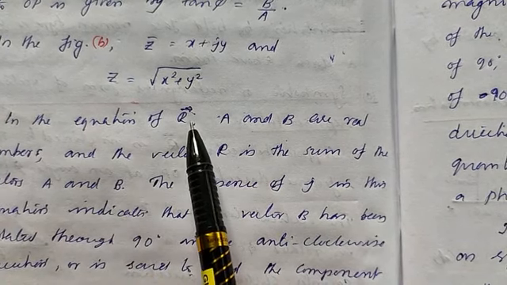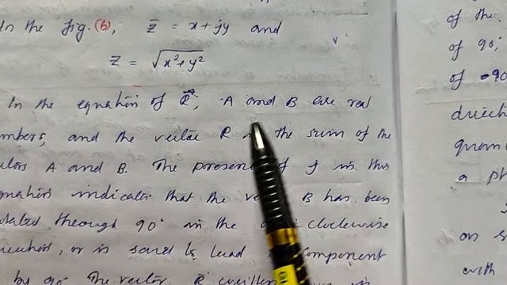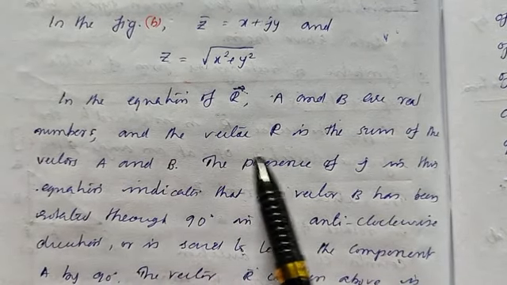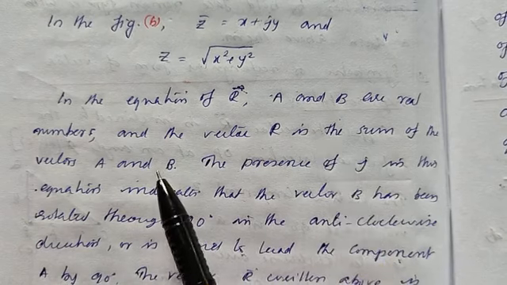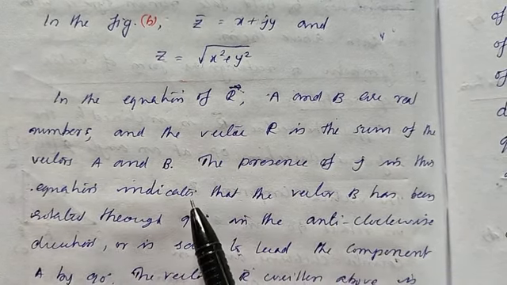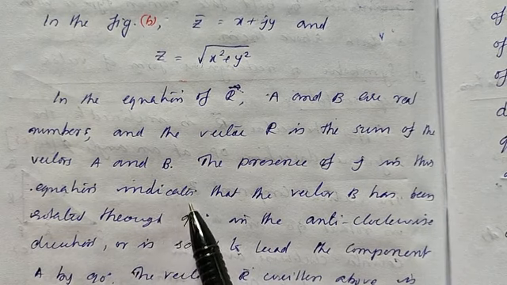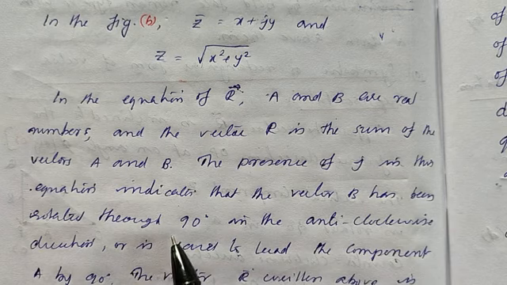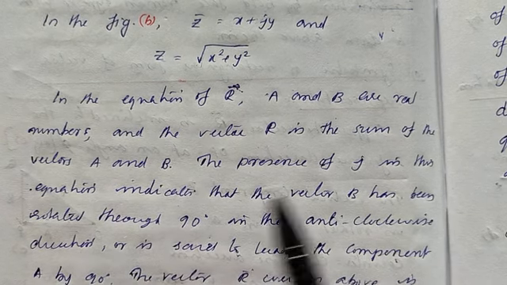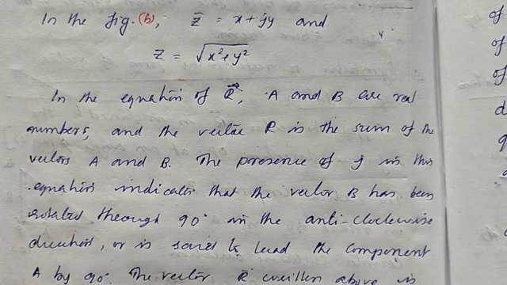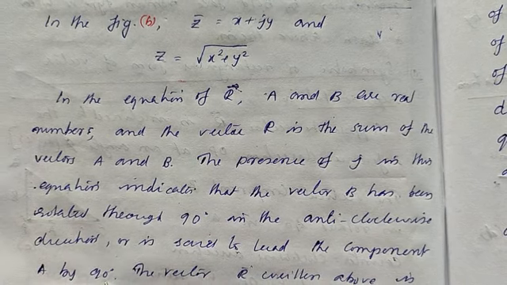In the equation of R, A and B are real numbers, and the vector R is the sum of the vectors A and jB. The presence of j thus indicates the vector B has been rotated through 90 degrees in the anti-clockwise direction, or is said to lead the component A by 90 degrees.